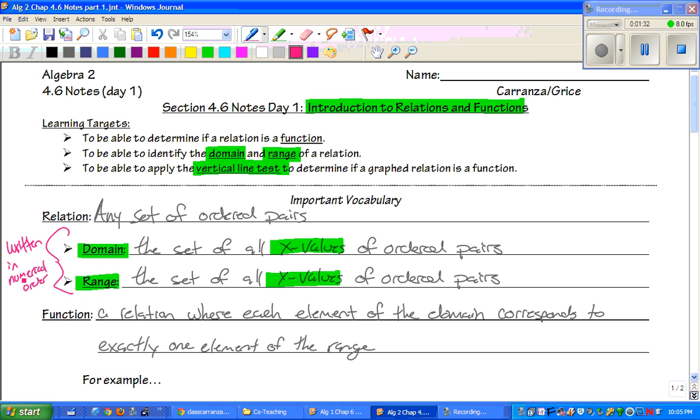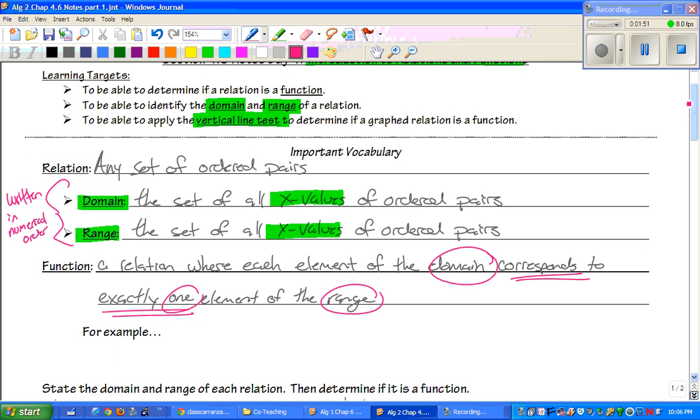Now, a function is a relation, so sets of ordered pairs, where each element of the domain corresponds to exactly one element of the range. And that might be like, whoa, Mr. Grice, what are you talking about? Pretty much each domain has only one range that it goes to.